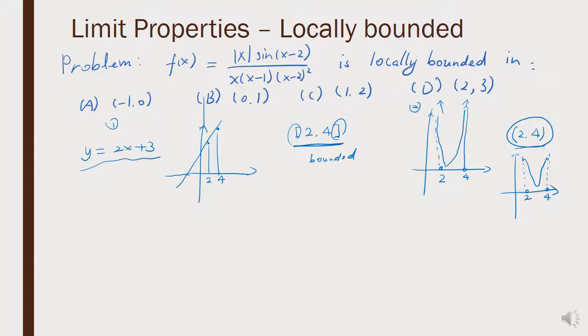It is correct, because on this point it is 5, on this point it is 7, and on this point it is even lower than 5. So we can say the function's value is within a certain range, so it is locally bounded. Okay, so how can we prove this?